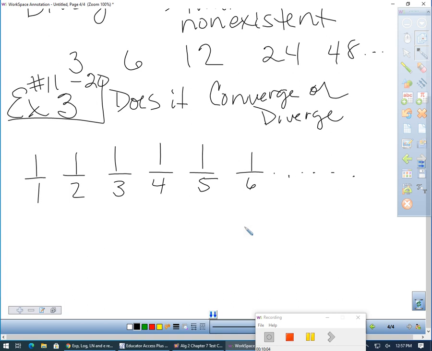What are we getting closer and closer to? It's getting smaller and smaller and smaller. Can it ever equal 0? It's getting closer to 0 though, isn't it? So that would be our limit. So this converges, and it equals 0. Okay?